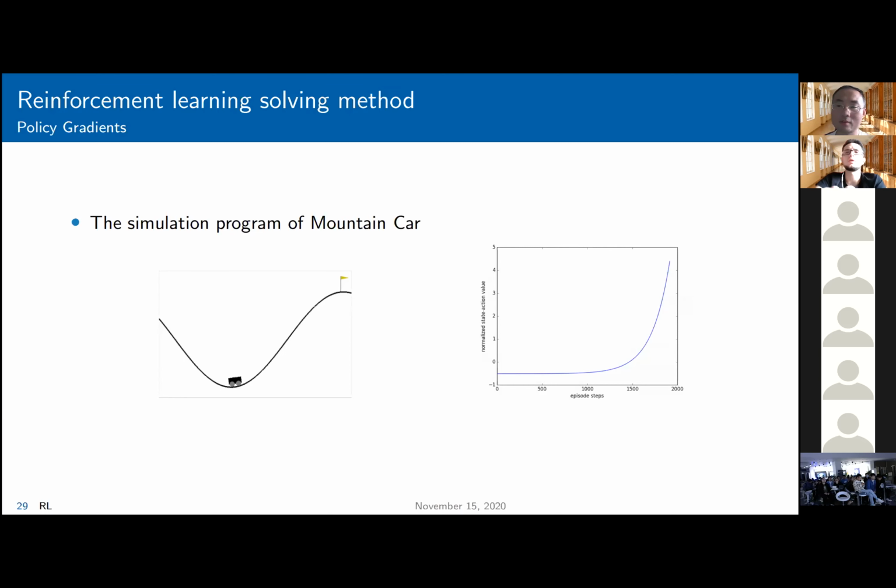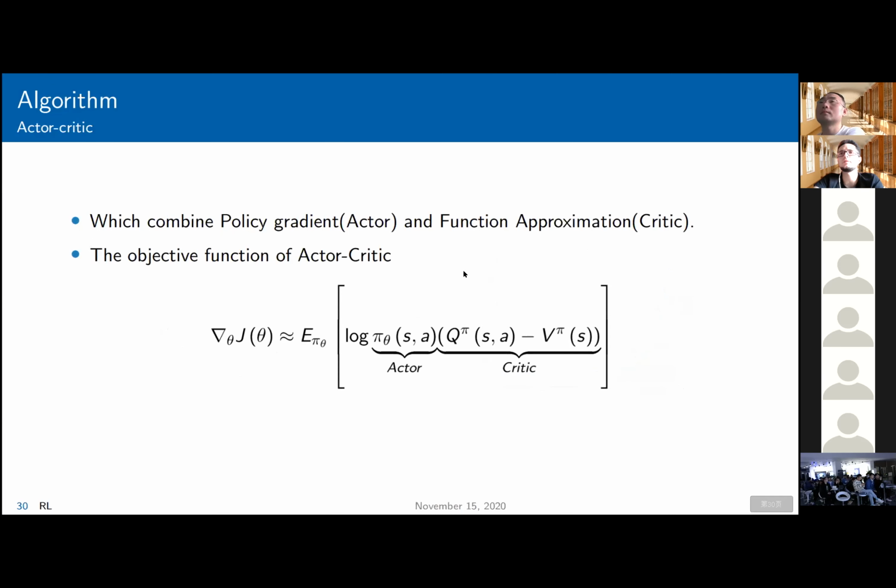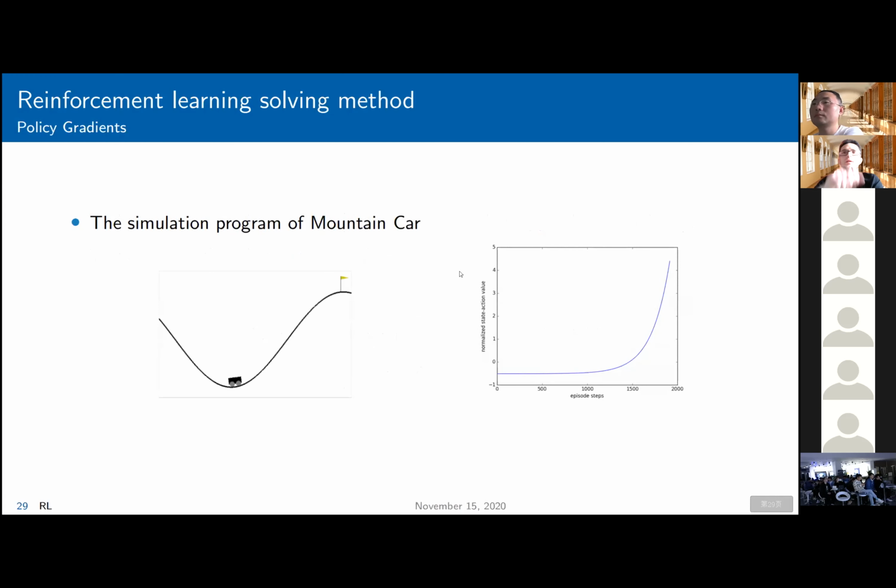Okay, no problem. Okay, so it's a kind of black box. So it's a kind of ready-to-use environment to test reinforcement learning algorithms, right? But I suggest you in future when we do this kind of presentation to explain directly in this environment what is the state, what is the action, and so on.